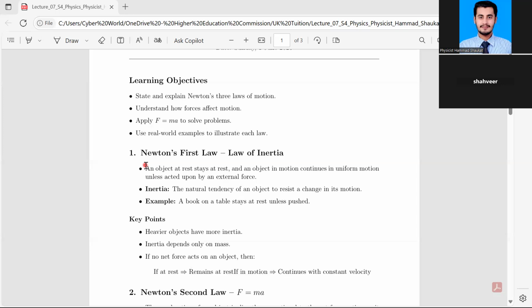And there is another concept in Newton's first law of motion which is important, and we say that this concept as law of inertia. Sometimes in paper the question asks what is law of inertia. Basically, law of inertia is same what we state in Newton's first law of motion. Basically, inertia is the tendency to resist the change in motion. Okay, the more the tendency to resist, the more the inertia the body has.